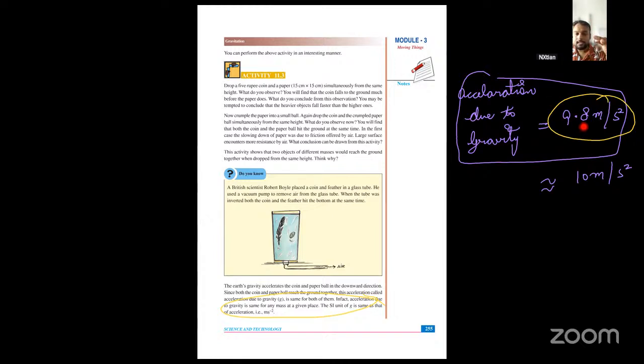After 2 seconds, the velocity will be 19.6. The third second, it will again add 9.8, so 29.4. Each second the speed increases by 9.8. That is basically the meaning of acceleration.